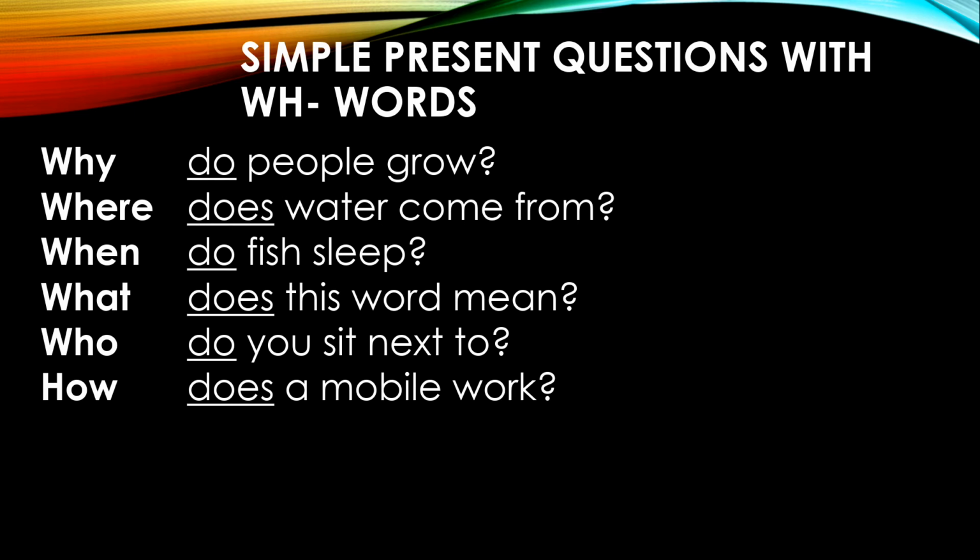This word is third person singular. And if we use a pronoun for it, it would be it. A mobile is third person singular and the pronoun for it would be it. Therefore, in these three questions we have does.